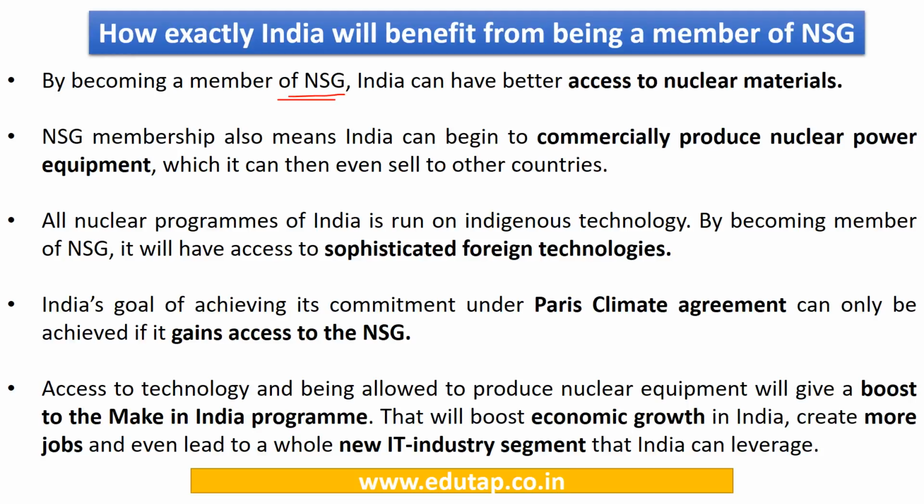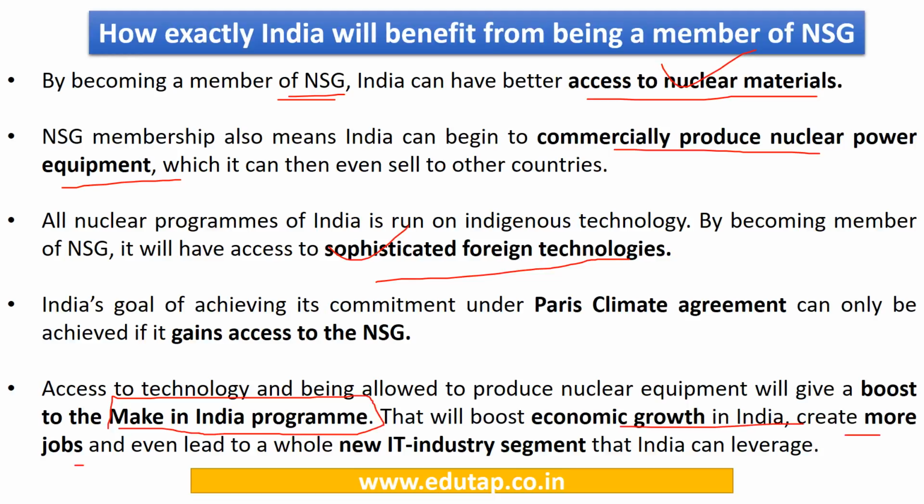By doing so, India can have better access to nuclear materials, sophisticated foreign technology, commercially produced nuclear power equipment, and most important of all, it will boost the Make in India program by creating more jobs and spurring economic growth.